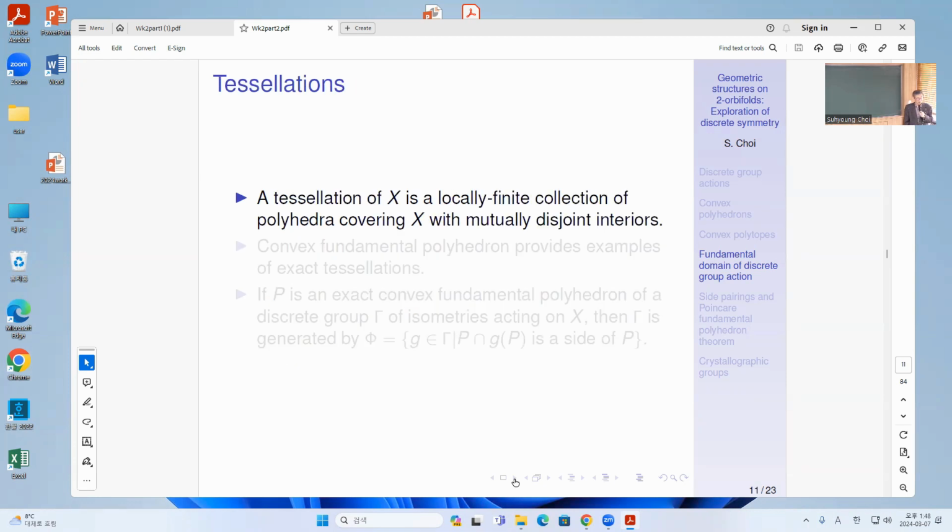A tessellation of X is a locally finite collection of polyhedra covering X with mutually disjoint interiors. And the convex fundamental polyhedron provides examples of exact tessellations.